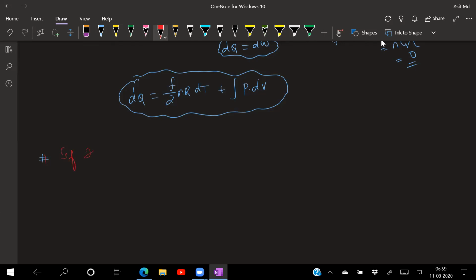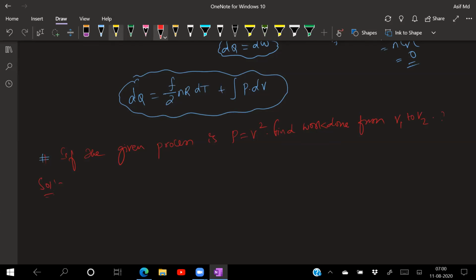Okay, see this question, beta. If the given process is P is equal to V square, find the work done from V1 to V2.